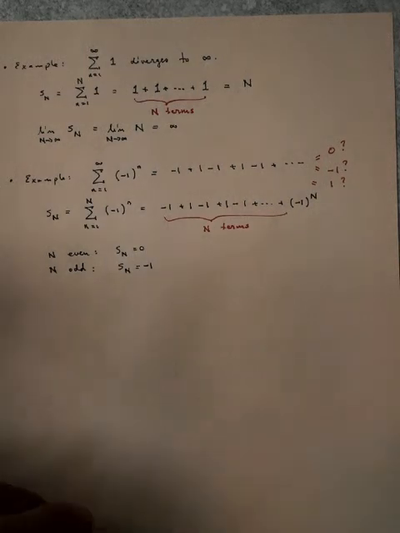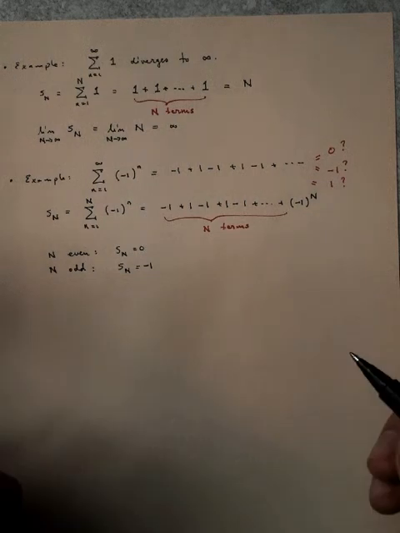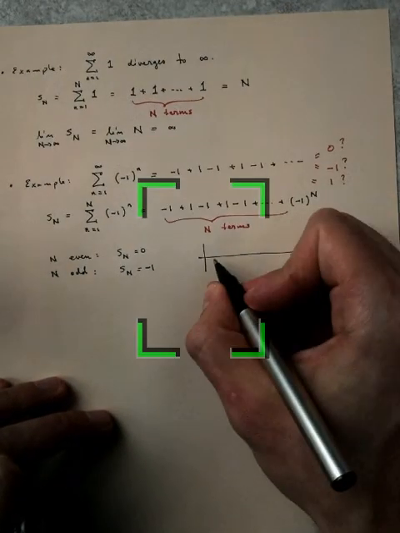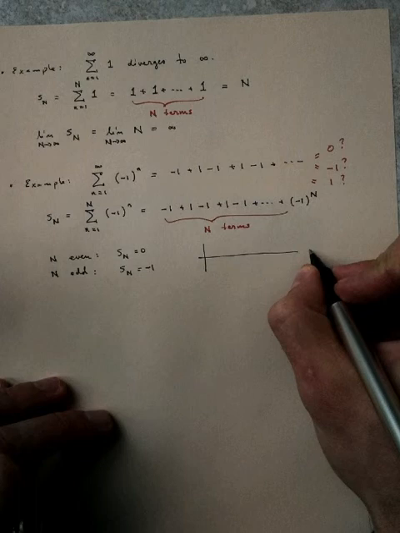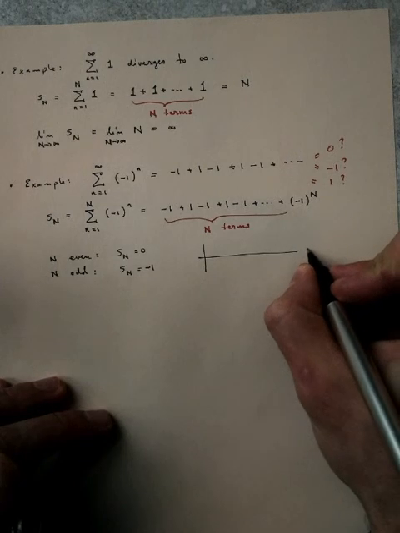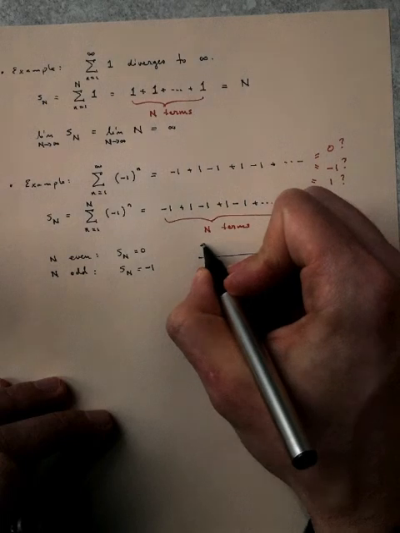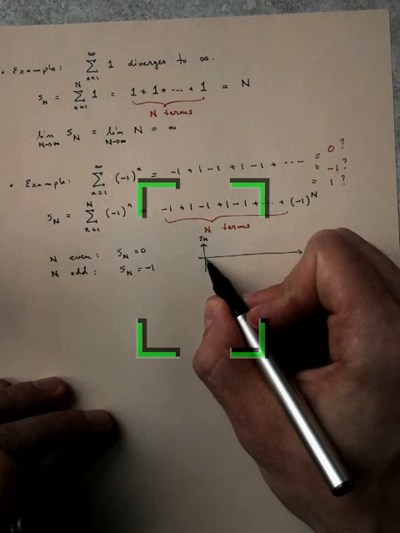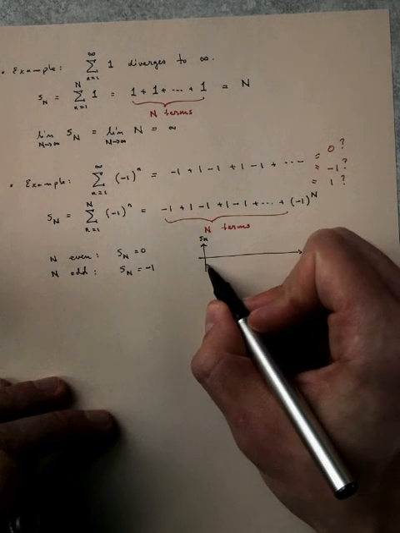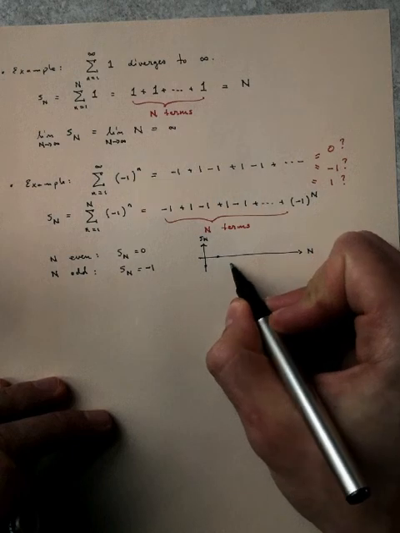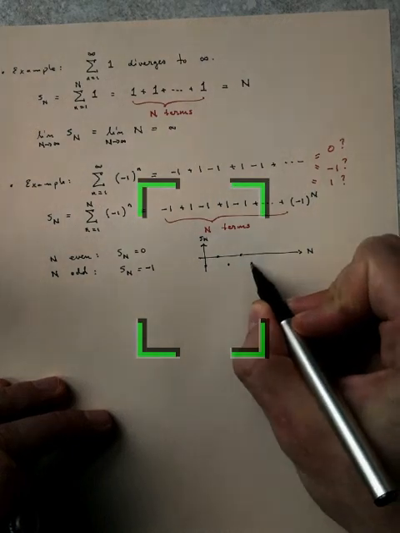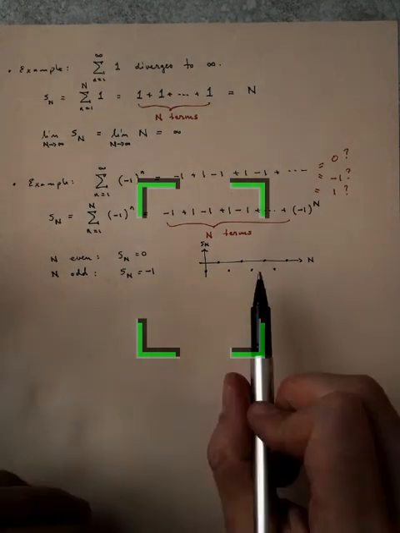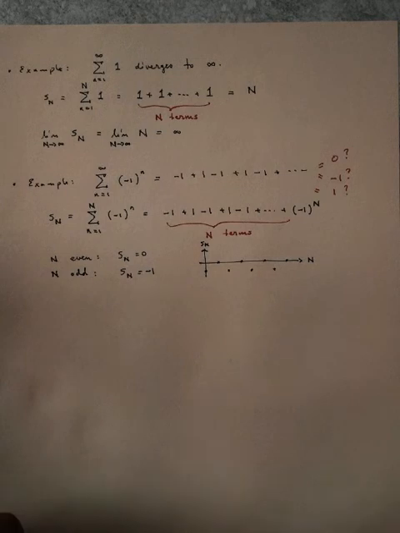So if you just think about the limit, if you plot Sn as a sequence, so here's n, and this is Sn. This guy jumps back and forth between 0 and -1. So it looks like this. Okay, so you can see it never levels off to a limit. So this guy has no limit.